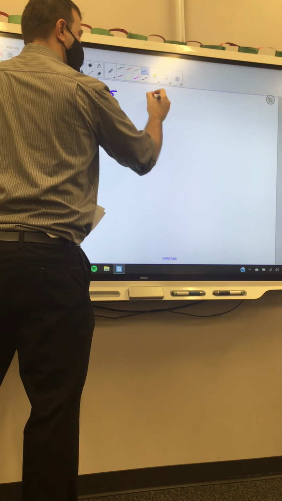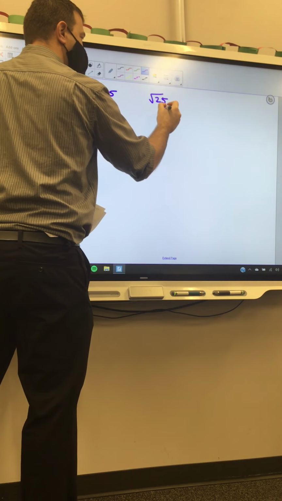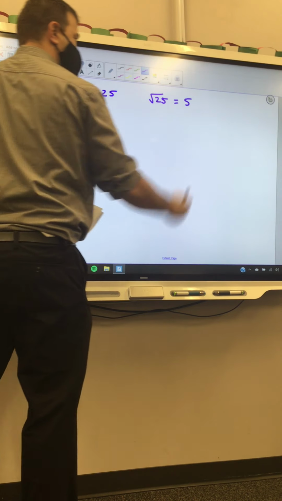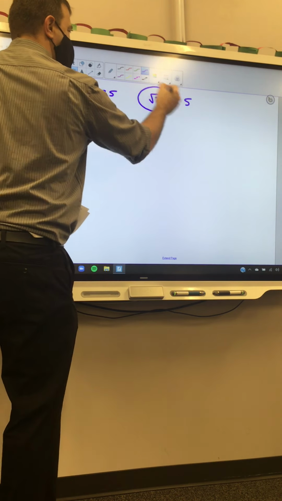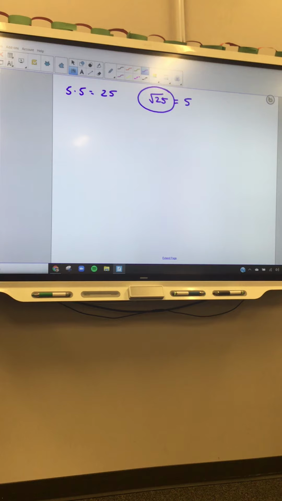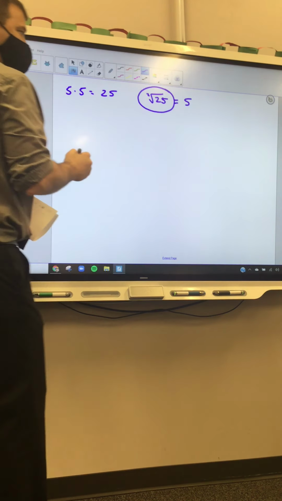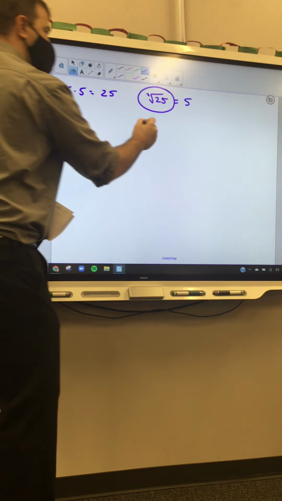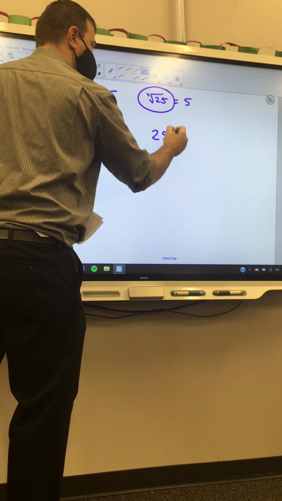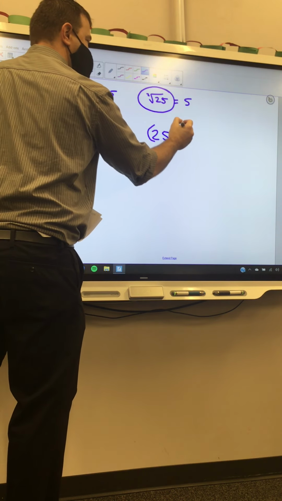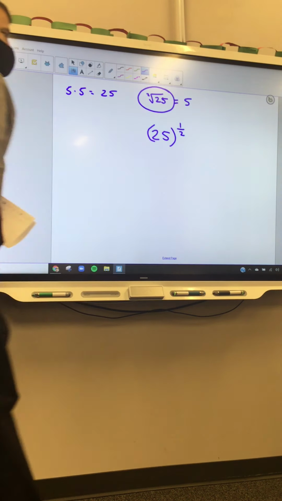We've said that means that the square root of 25 is 5. But instead of calling it a square root, and we could put the little 2 in here if you really wanted to, another way to write that would be to have 25 be your base and raise it to a power of 1/2.